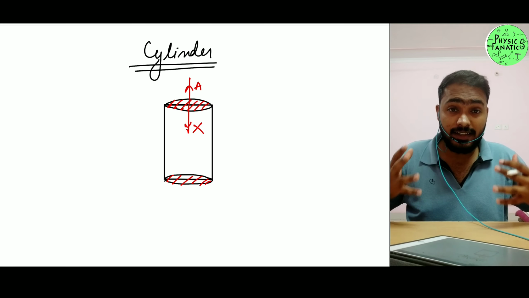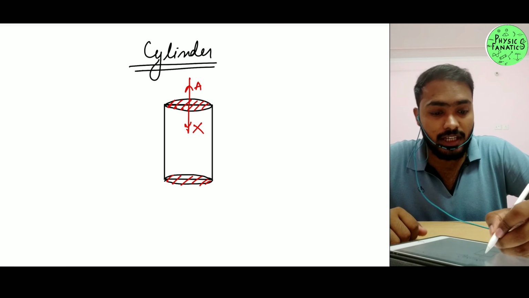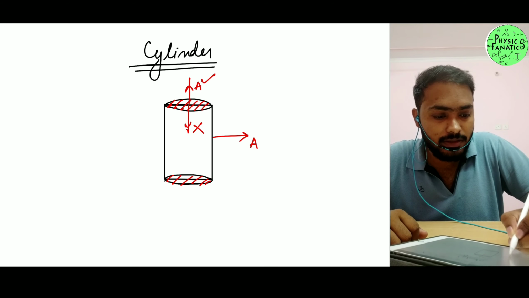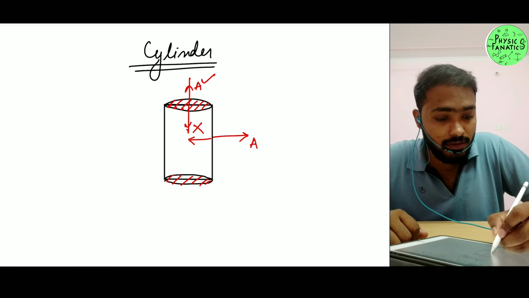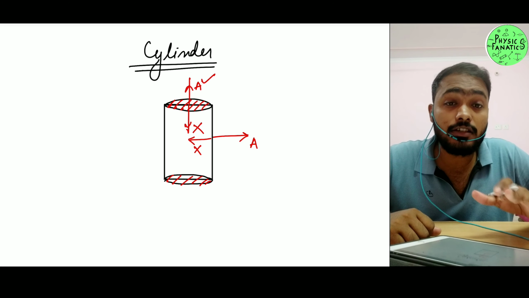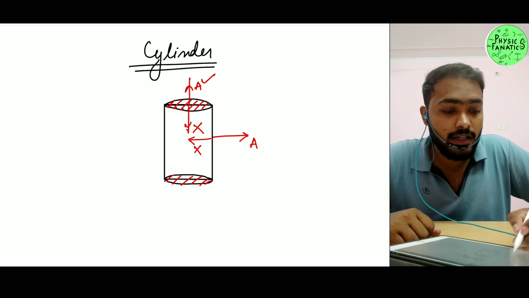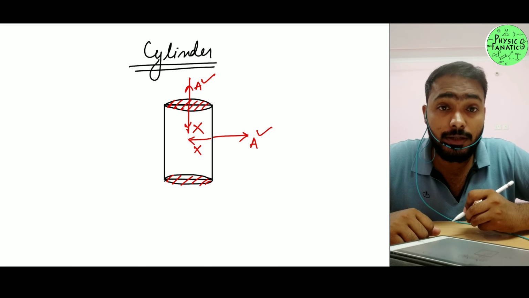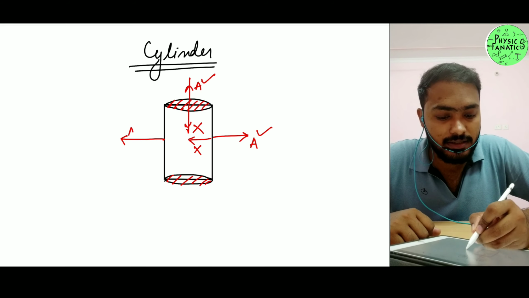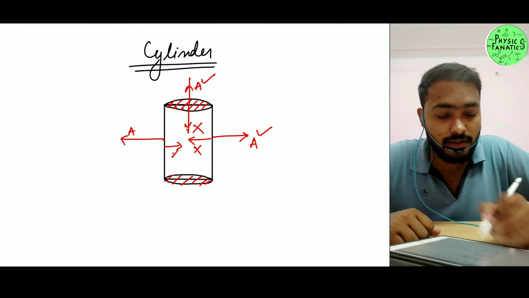We will always consider the direction which is going outward. For this surface, the area vector can be this, or it can go inward also, but we will not consider the inward direction in the case of 3D figures, closed figures. So we will always take the area vector to be going perpendicularly outward. Very similarly for this case, this is the right one, the inside one is the wrong one.